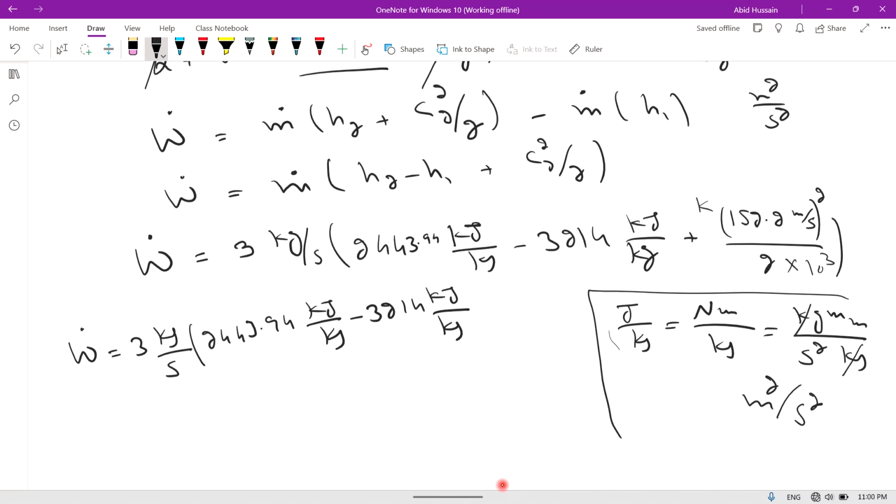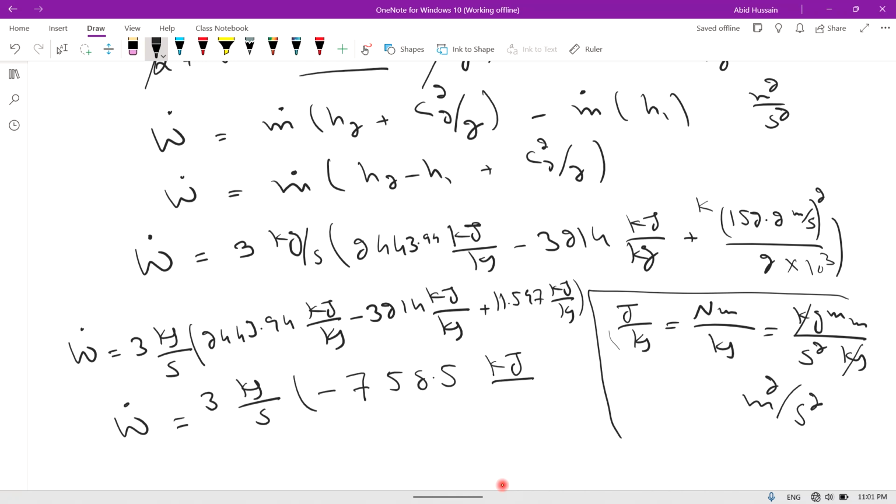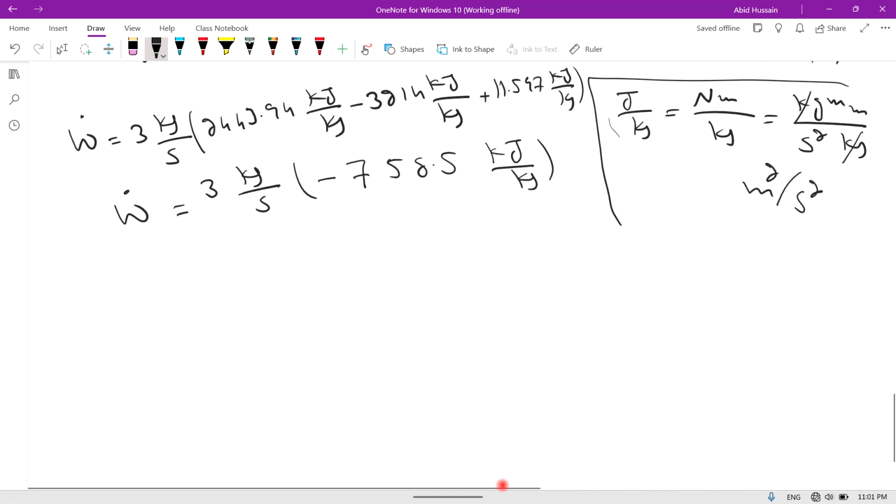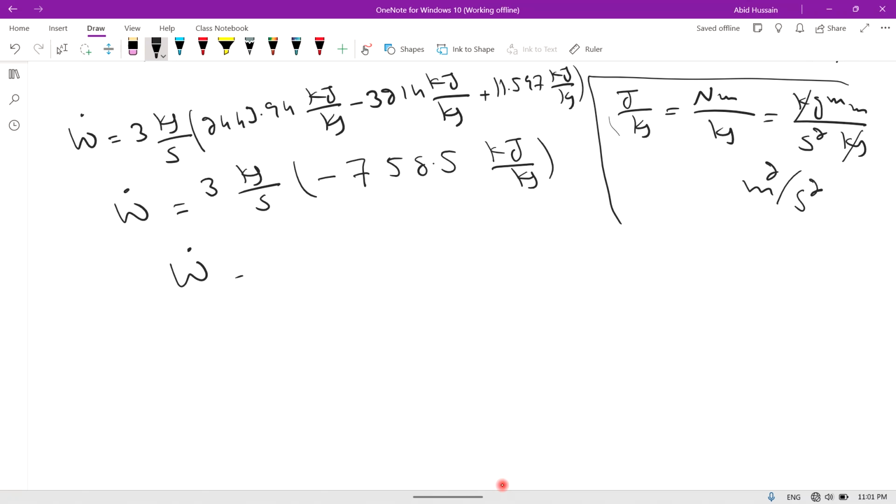So meter square per second square is equal to joule per kg, and this is kilo, so kilojoule per kg. And if we simplify this value, the answer will be 11.597 kilojoule per kg. Now W dot is equal to 3 kilogram per second times, if we simplify this value, minus 758.5 kilojoule per kg.